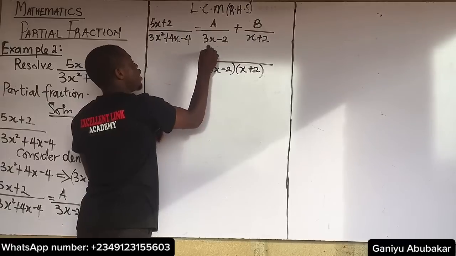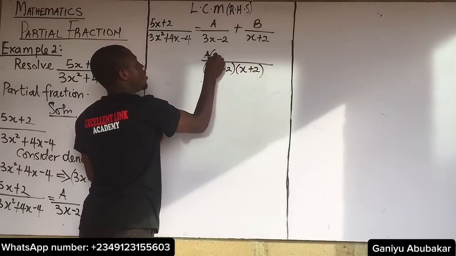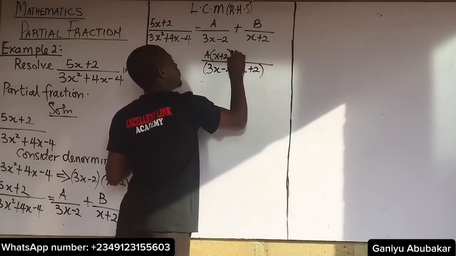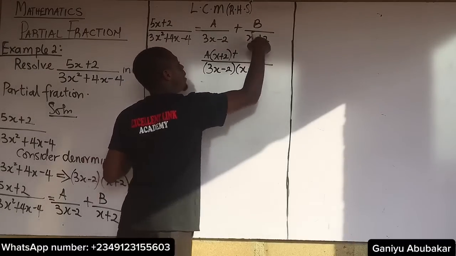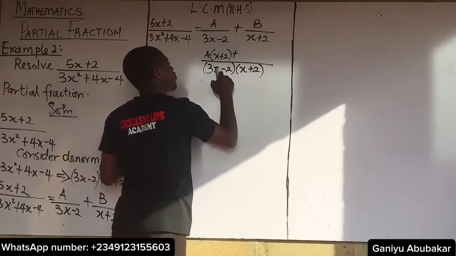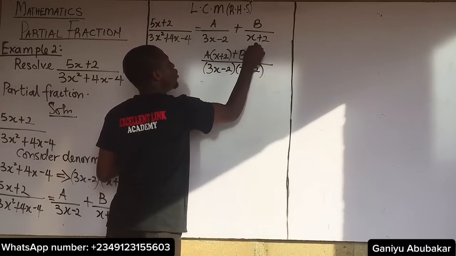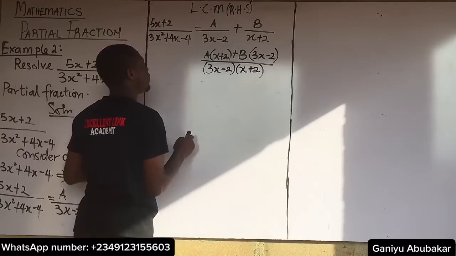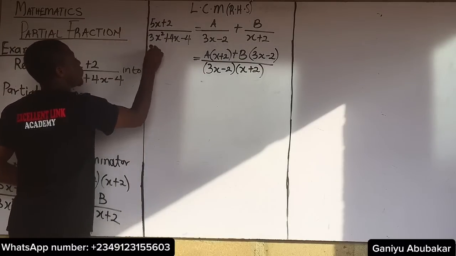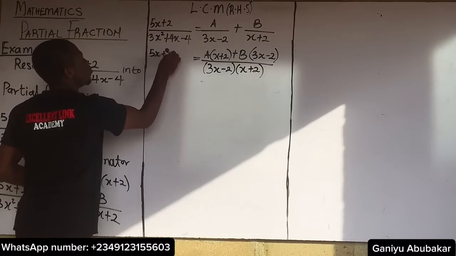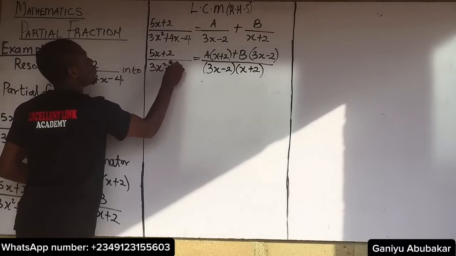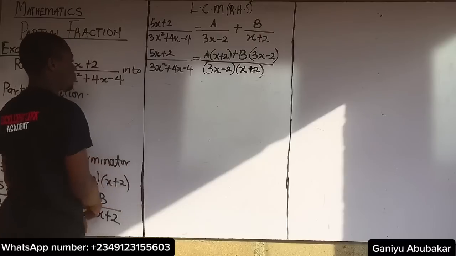So I'll have a into x plus 2, plus, divide everything here by this. So this cancels out this, left with this one here. So I'll have b into 3x minus 2. I have this one here. So I'll have 5x plus 2 all over 3x squared plus 4x minus 4.